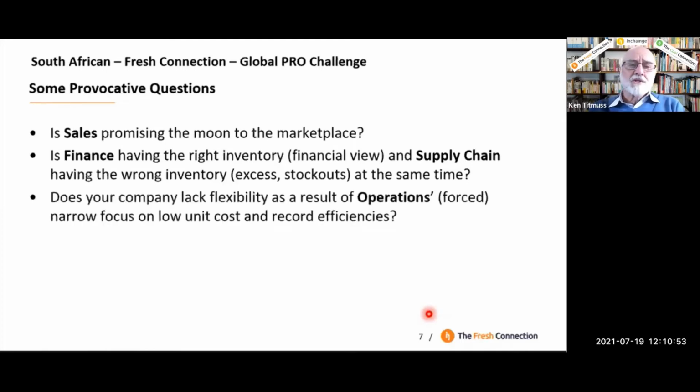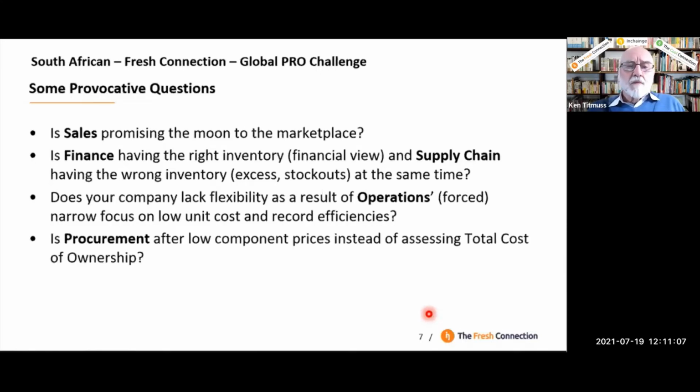What about operations? Do they lack flexibility, or are they focusing on low cost, large production runs, trying to keep the cost down, where our strategy is perhaps going to be one of flexibility? Procurement, what about procurement? Often they report to finance, and how do they get measured? The ability to buy at less than standard cost.